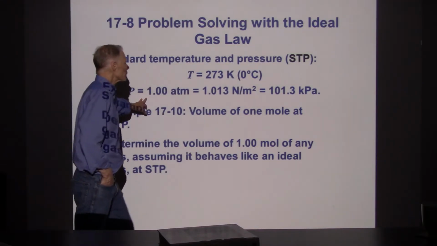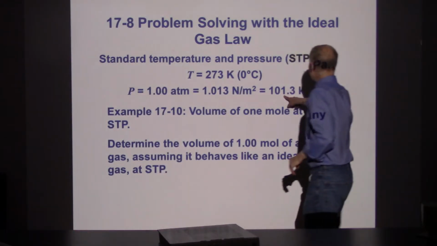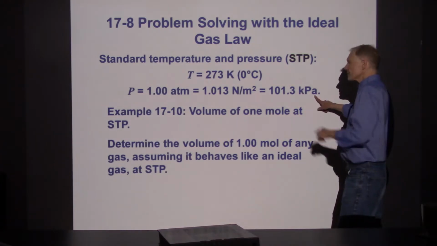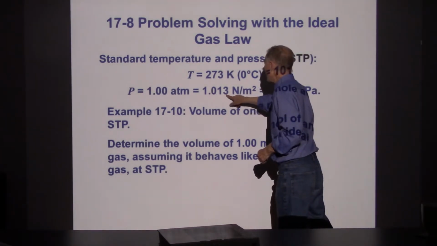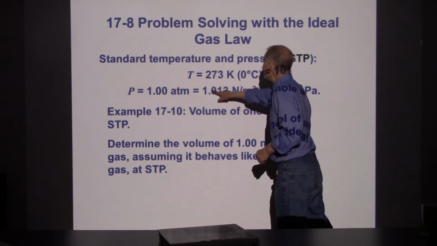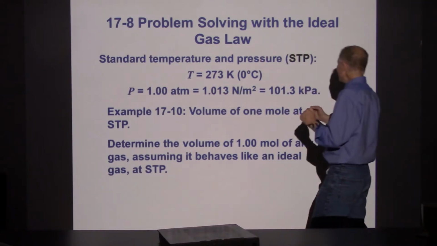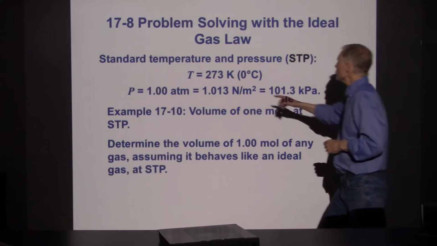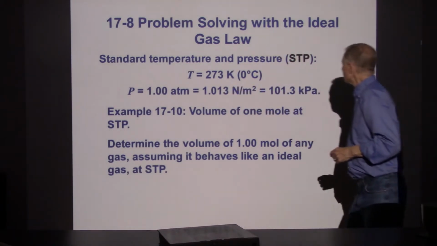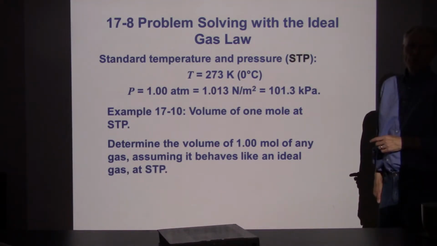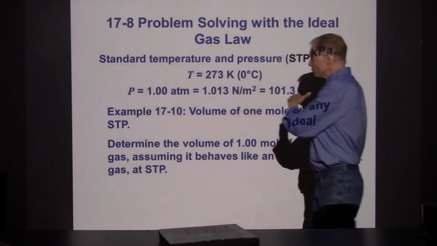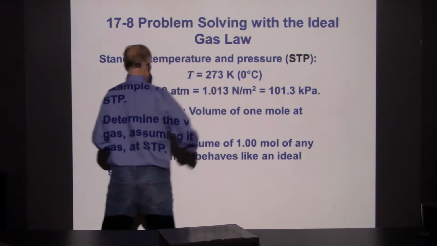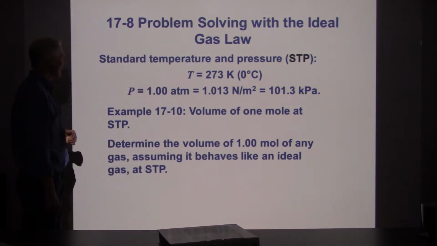So 1 atmosphere pressure is 101.3 kilopascals. I didn't see this going through the slides. This is 1.013? I don't think so. This is 1.013 times 10 to the 5th. So this number is off by a factor of 100,000. So get that corrected. If I remember, I will go back and correct something there.